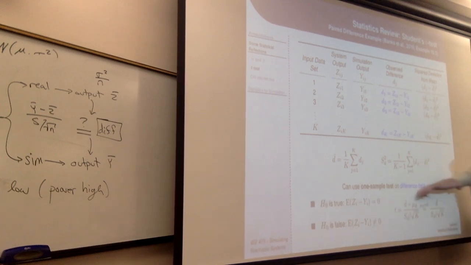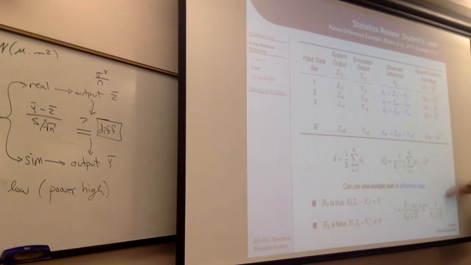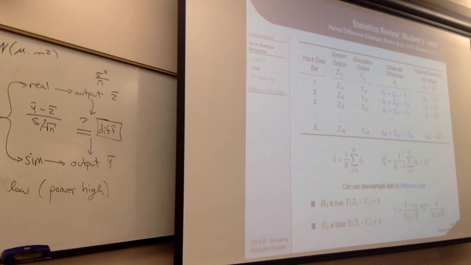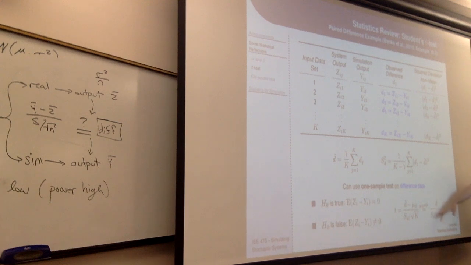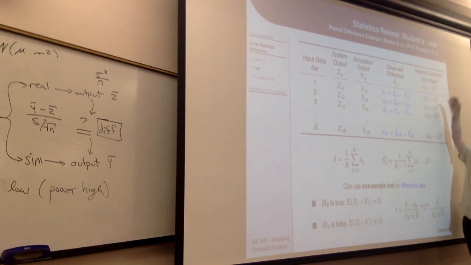Because the hypothesis is 0, it just becomes this: the average of this column divided by the standard deviation of this column divided by the square root of samples, where the samples are the number of rows in the table. That is my t-statistic, and I can then do a normal two-sided, one-sample t-test.